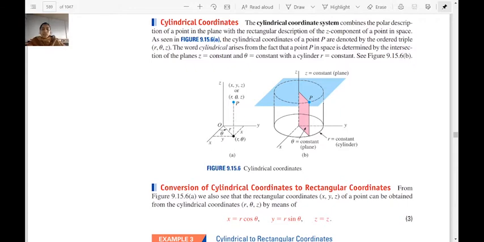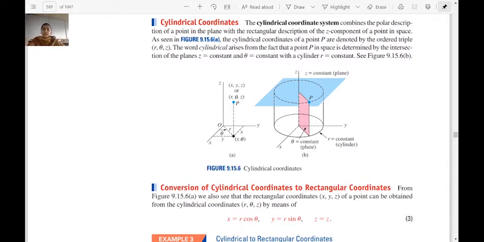So for that, we choose a point r, theta in the xy plane corresponding to the z component of the point xyz. Okay, so we get r, theta and z. This can be formed by considering z as a constant plane and theta also as a constant plane.